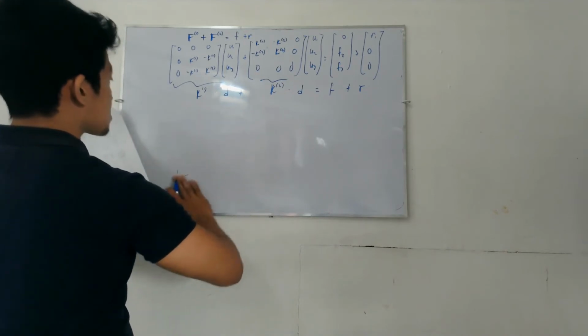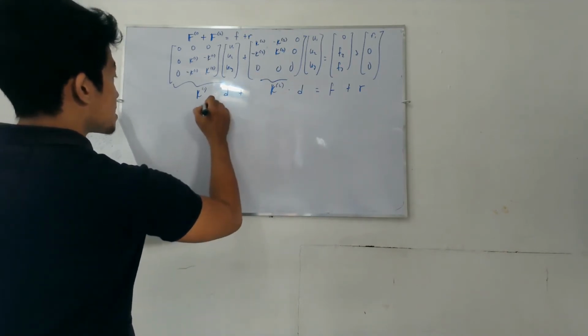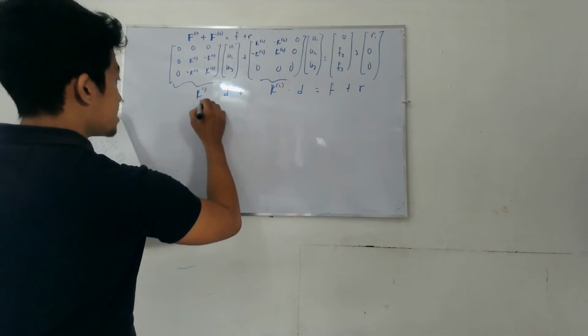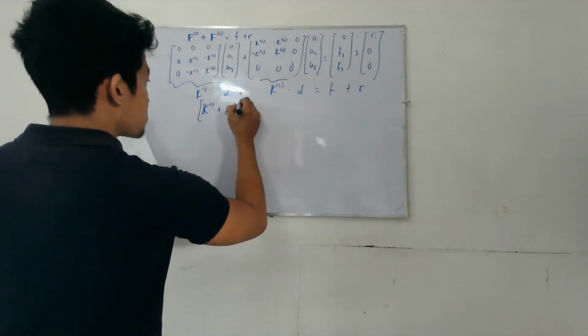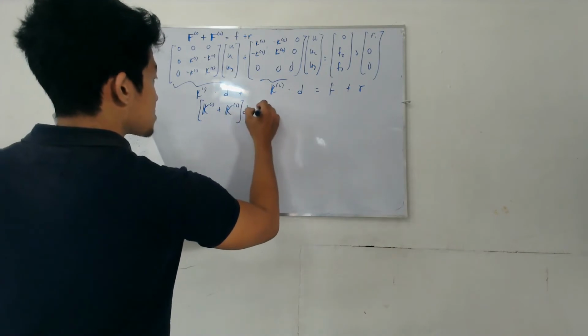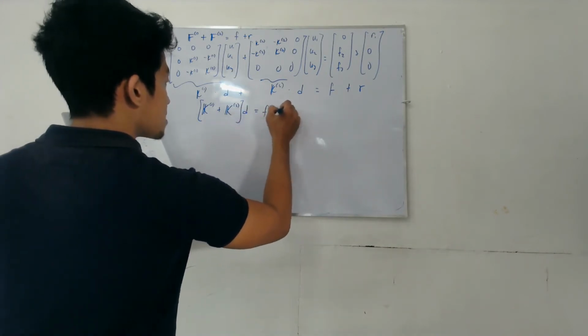K of 1 plus K of 2 times D is equal to F.